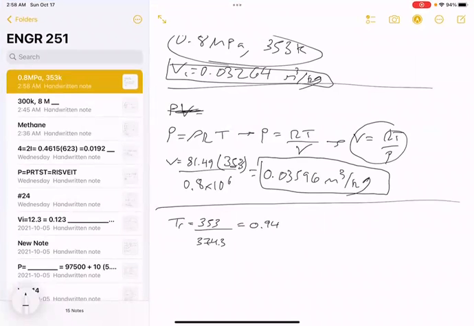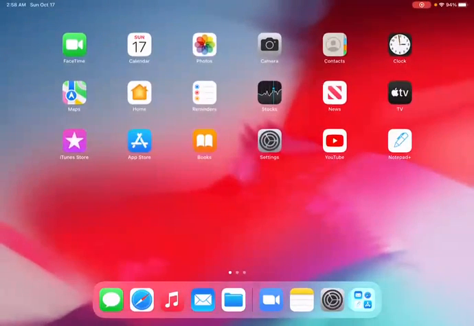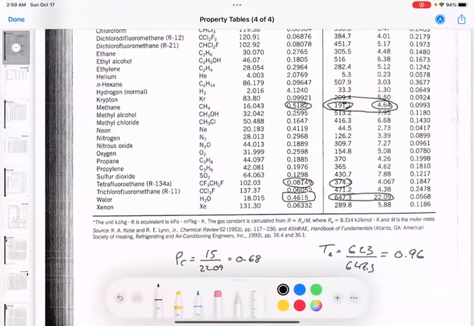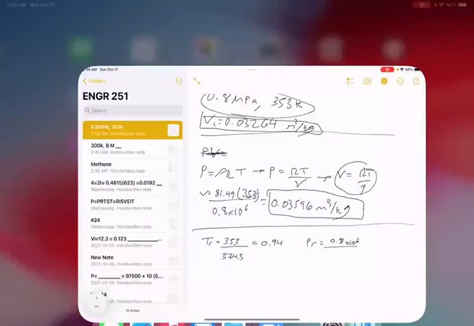Okay, and similarly, we can get the reduced pressure, which again is our own measured pressure divided by the critical pressure, read off the same chart. It's this one here, 4.067 megapascals.